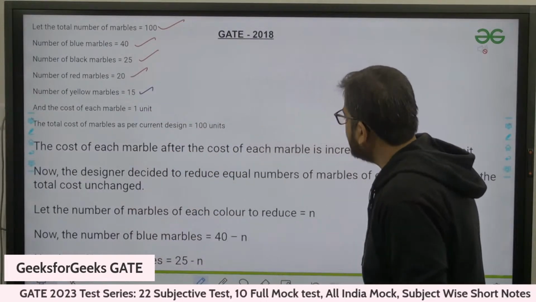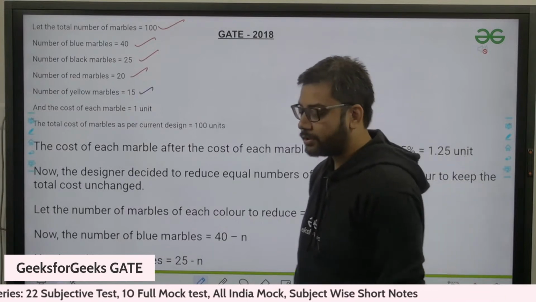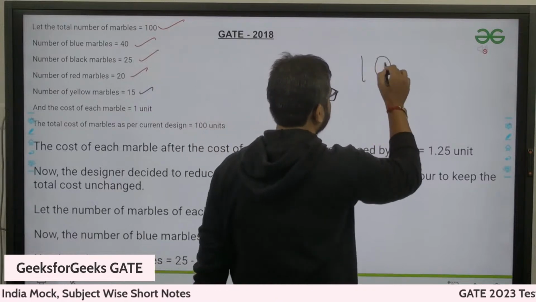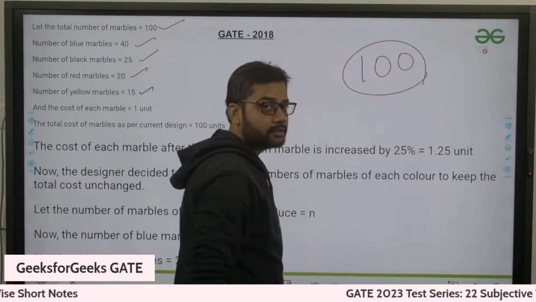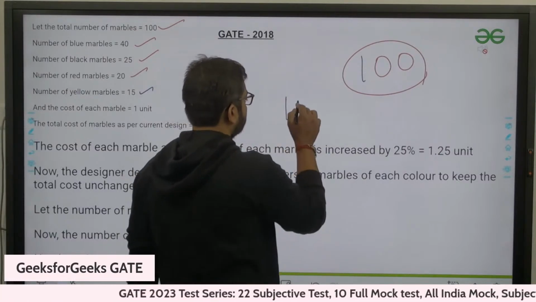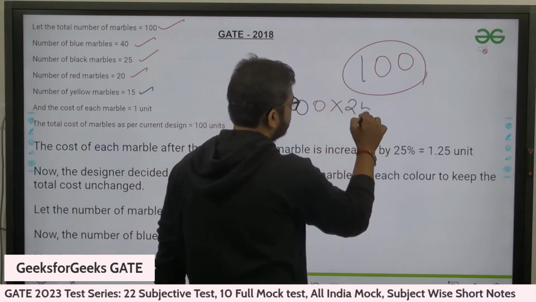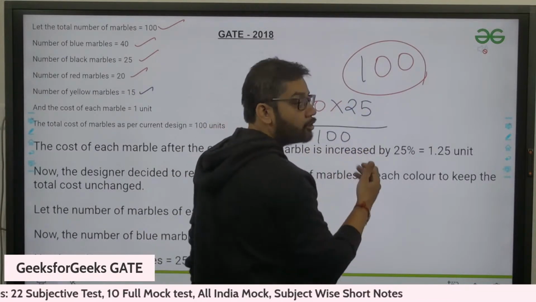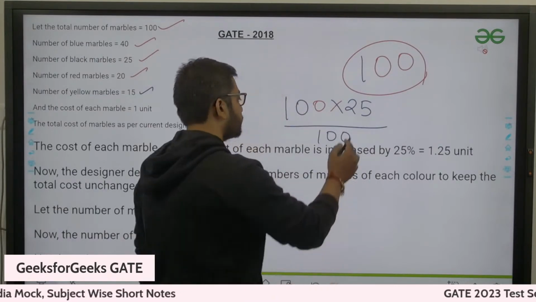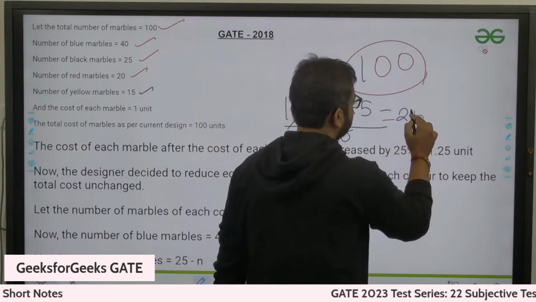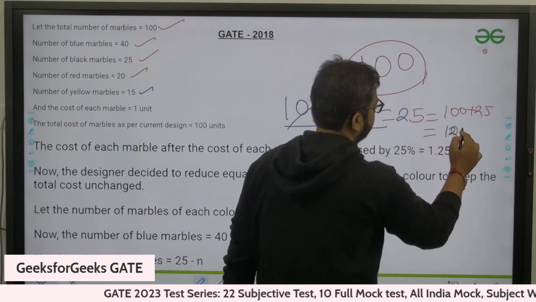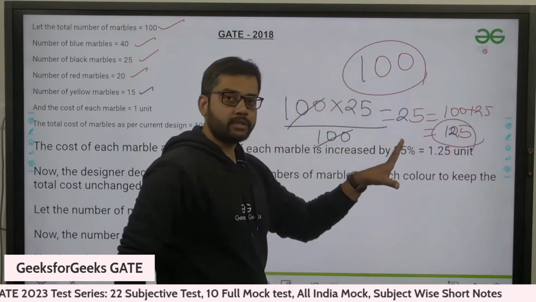Now, what we are saying is that the cost of the marble is increased by 25%. Suppose initially the cost was 100. Since there is a 25% increase, 25% of 100 is 25, so the increase is 25. So 100 plus 25 is 125.